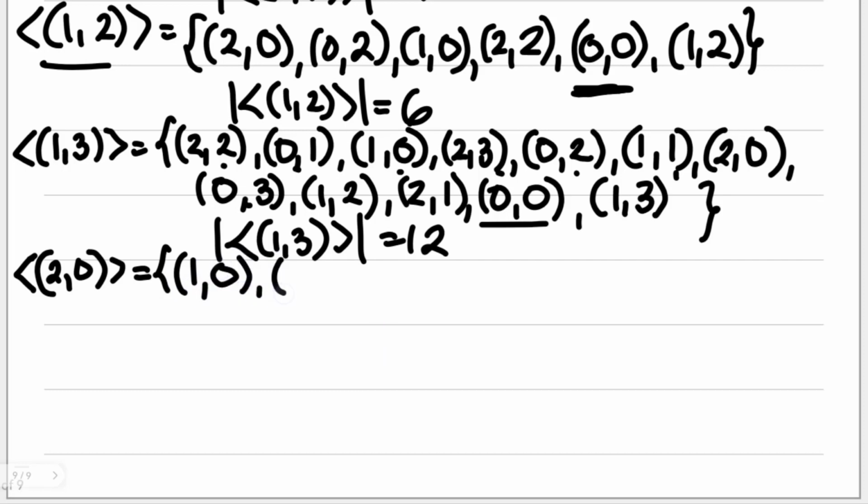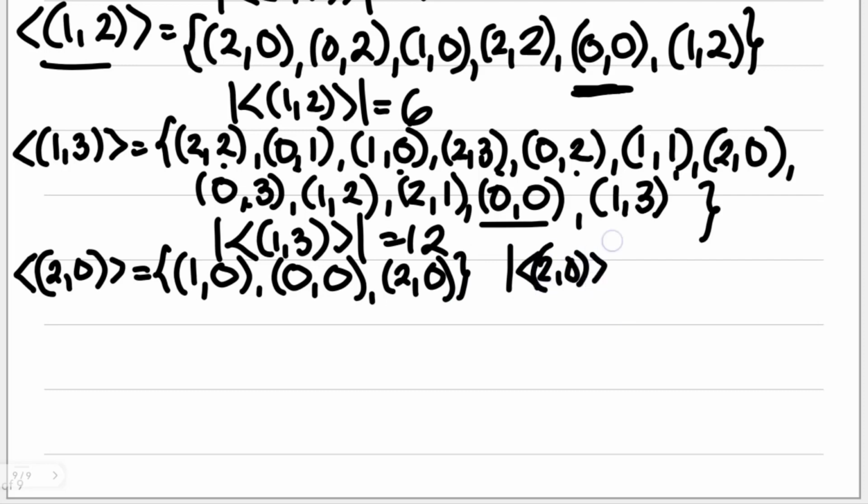Then 2 plus 1 is 3, so that's 0 modulo 3, and you have 0 here as well. So you stop after this. 0 plus 2 is 2, 0 plus 0 is 0. So the order here for 2 and 0 is 3. Next in line, you will have 2 and 1.